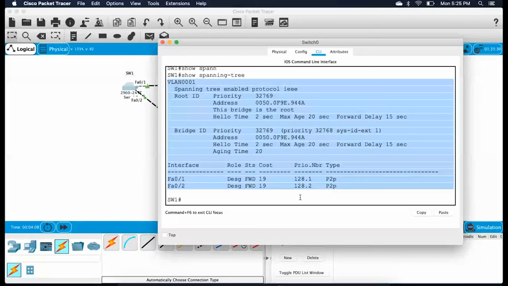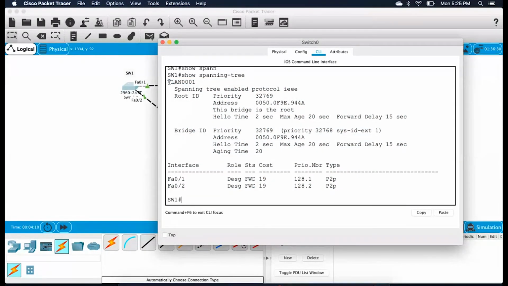So it is showing you that currently you just have VLAN number 1 configured, and the protocol that STP is using is IEEE, and then this is the information about your root bridge. The root ID means information about your root bridge, and bridge ID means the information about your local switch.